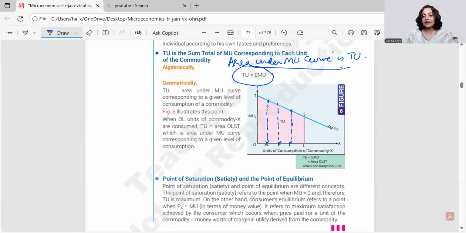So when I'm clubbing this marginal utility with the utility obtained after taking the second unit, and after taking the third unit and after taking the fourth unit, what am I getting? I'm getting the total utility. So you must understand that TU is equal to sum of all MUs, or you may say TU is the sum total of MUs, or you may say the area under MU curve is TU.